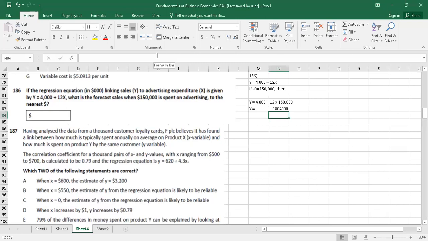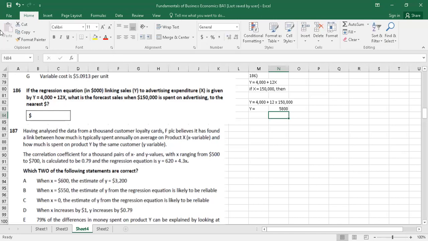Point is, they are again in thousands of dollars. So when the sales forecast expenditure is given as 150,000, instead of taking 150,000, we truncate these three zeros. Check that, so y is equal to 5,800.